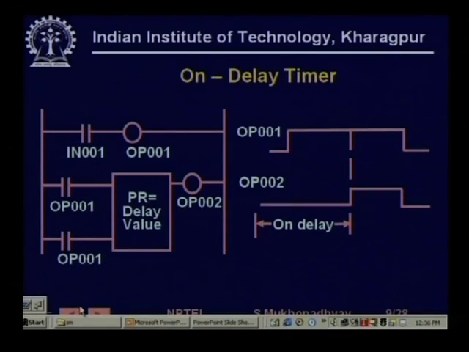So let us see the other kinds of timers. Now, before doing that, we want an on delay, so let us use this on delay timer in our die press example to see whether we can introduce a delay after the down lamp goes on, so that the up solenoid will go on after an on delay.